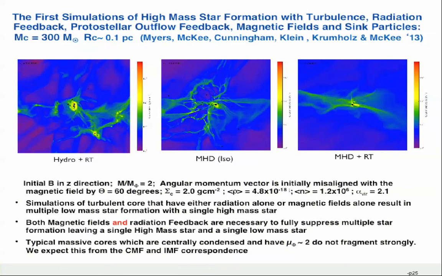These are very fat filaments because both the magnetic field and the radiation are providing feedback to keep those filaments from actually collapsing. And you end up, in fact, with a high mass star and a low mass companion. So typical massive cores here, which are centrally condensed and have the observed mass to flux ratio for the magnetic field, do not fragment strongly. And this is what you get to basically explain the core mass and IMF correspondence.